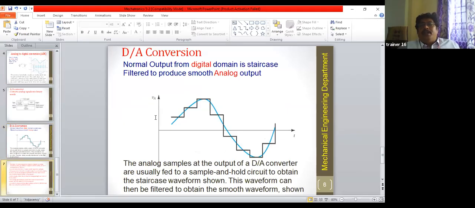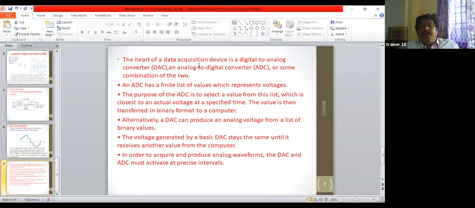The heart of the data acquisition device is a digital to analog converter, see here if you see clearly, and also an analog to digital converter, or the combination of these two, right?